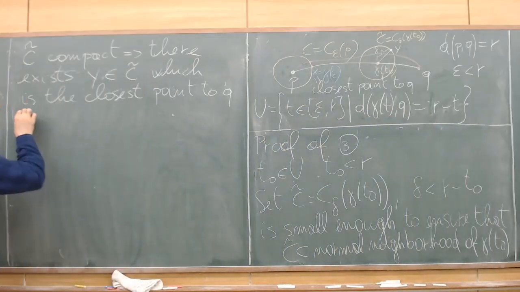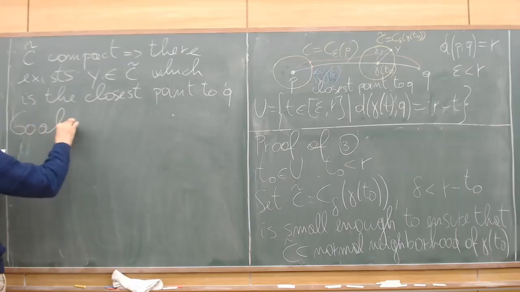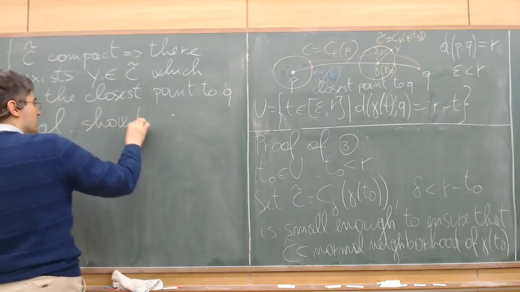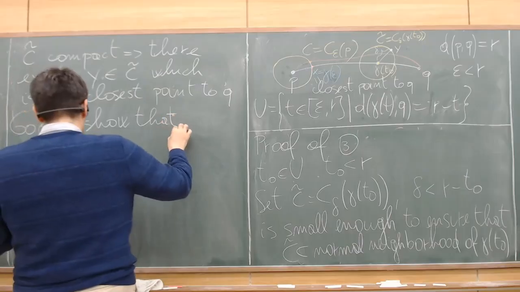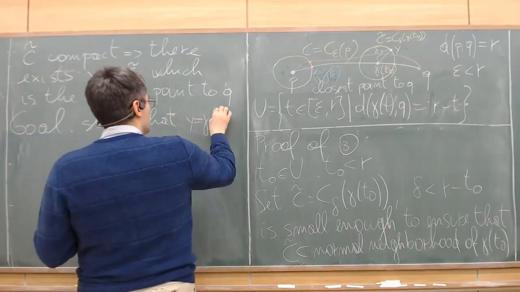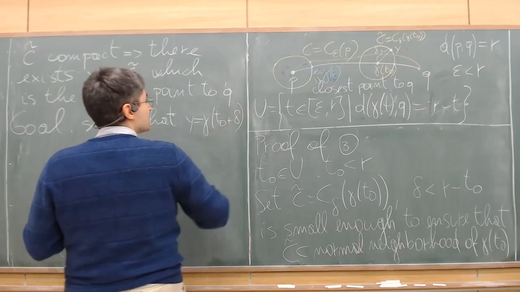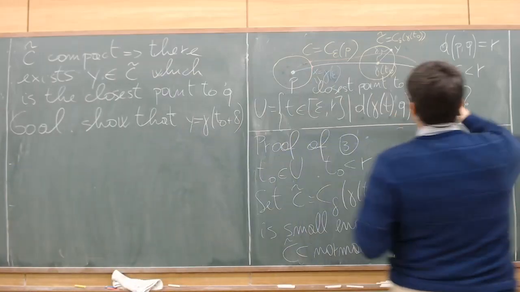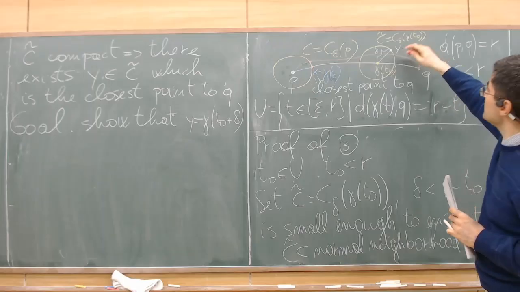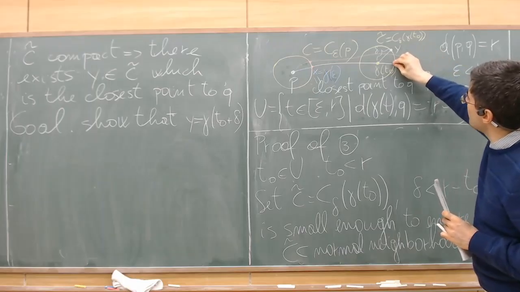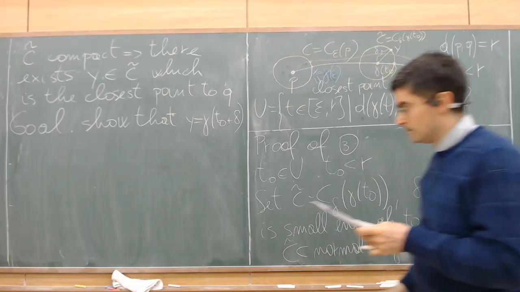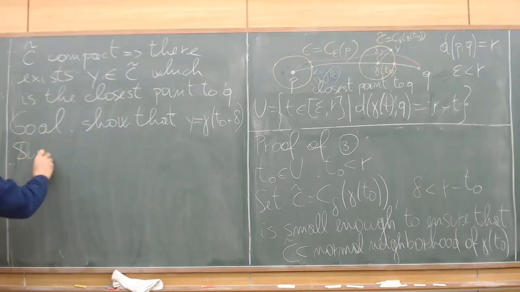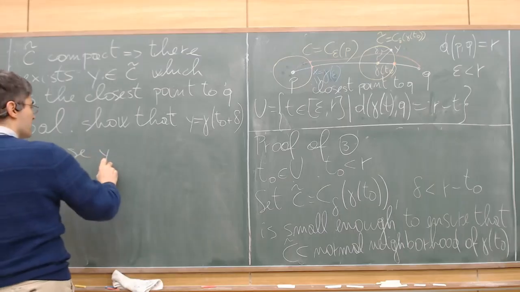Our goal is to show that Y is gamma T0 plus delta. So in other terms, Y is not this point here, but is this one. Okay, suppose by contradiction that this is not true.